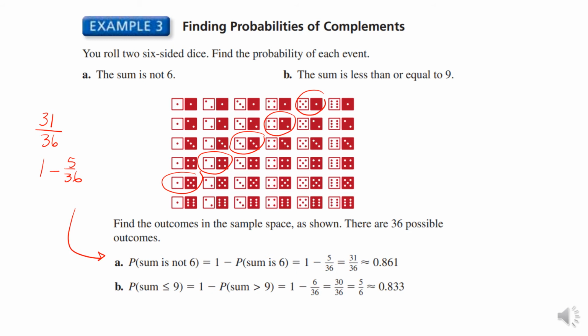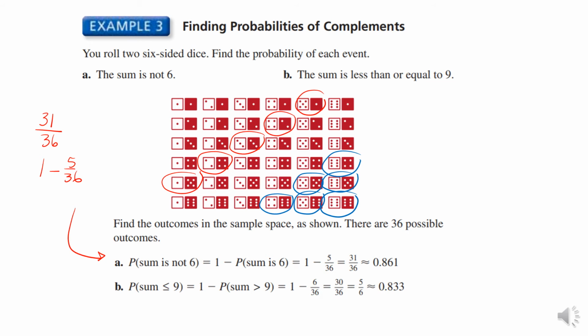Okay, then we're going to change colors here and look at another one. The sum is less than or equal to 9. So we're going to go, okay, here's 9, but they want equal to. So these are the only ones that are not less than or equal to 9. These are all greater than 9.